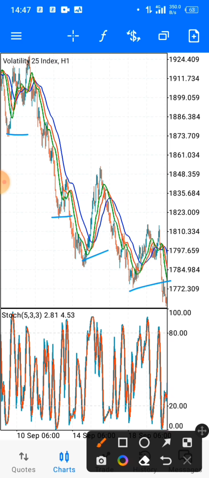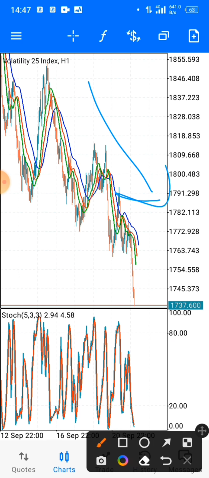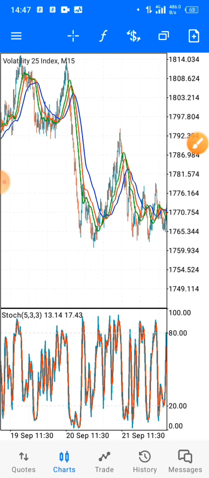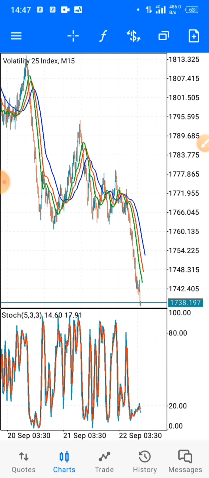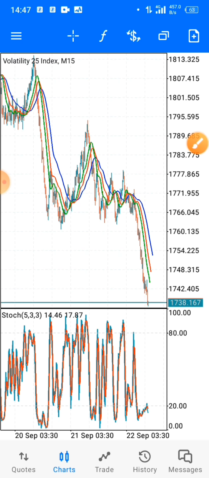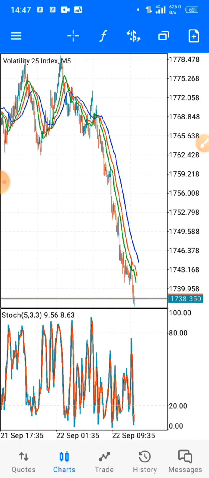When you go to the M15, it's just the same as the H1. We're breaking all these lows here. And obviously on the 5 minute, that's also a similar case. So when you go to the 1 minute time frame, we're only going to be looking for sell opportunities.